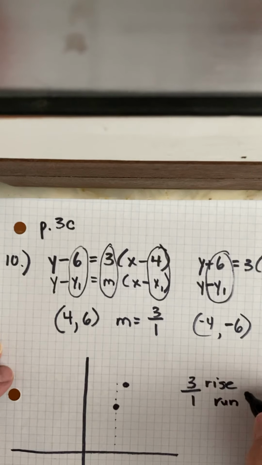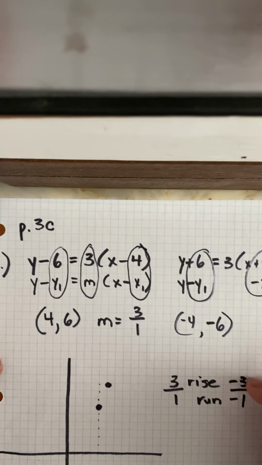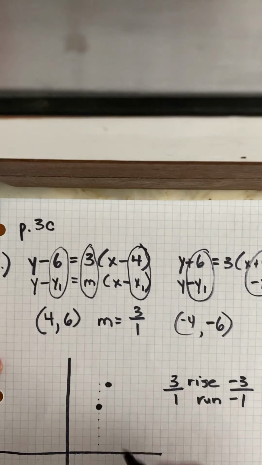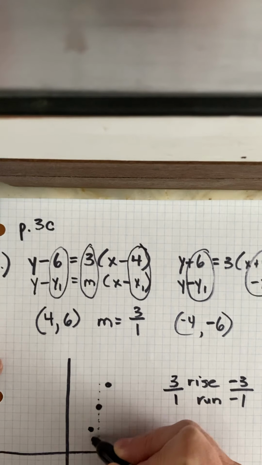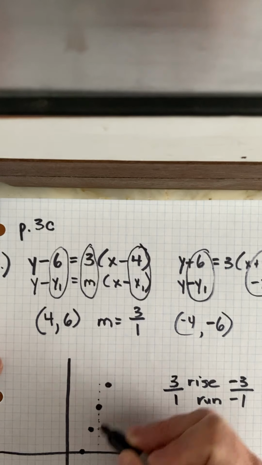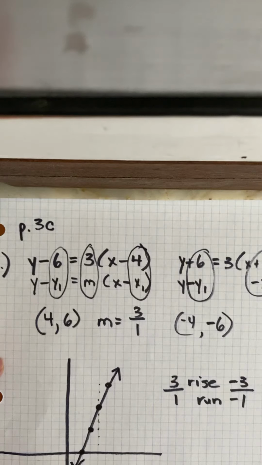So what do I do then? Well, remember we said instead of rising positive 3 over positive 1, that negative 3 over negative 1 was equivalent, because when you simplify it, it comes to a 3. So I could also go down 1, 2, 3 over 1, and connect my dots. Okay?